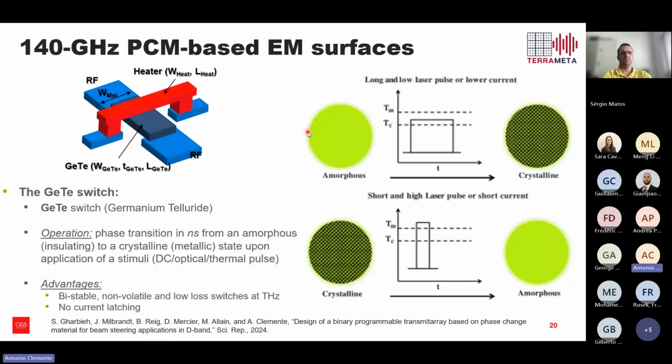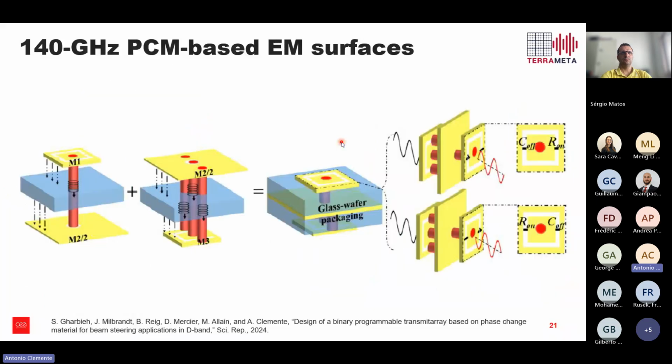By controlling thermally this kind of device, we can generate a switch and a phase control on the transmit array. But as I said before, we are developing the full packaging technology because in a particular case of unit cell we need vertical connection, and we integrate on top of this transmit array two different switches based on this kind of material.